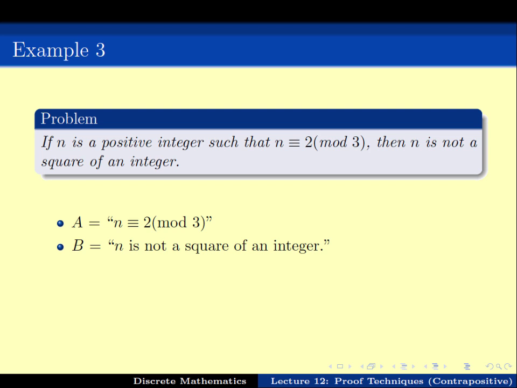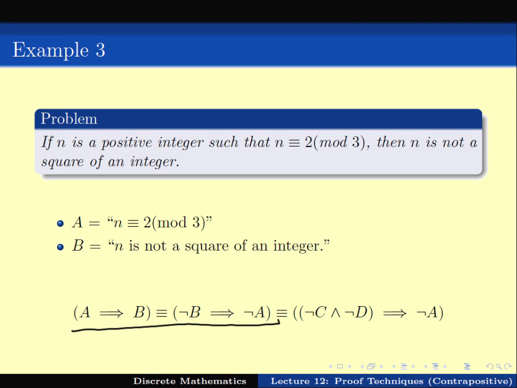But let's write out the contrapositive version of this. Namely, all we have to use is the first part. So there is no C and D. So A implies B is the same as not B implies not A. Now what is not B? Not B is n is a square of an integer. Right?